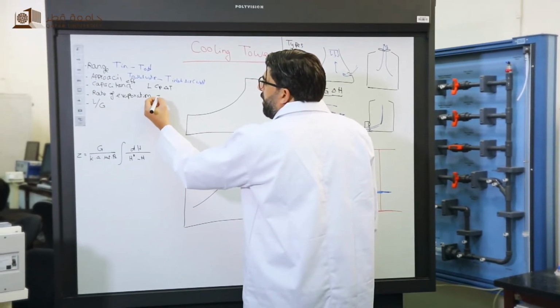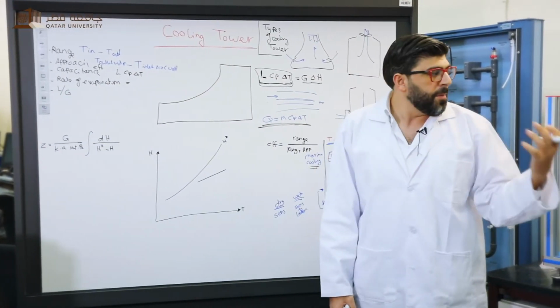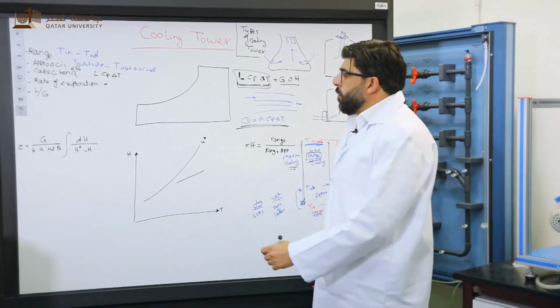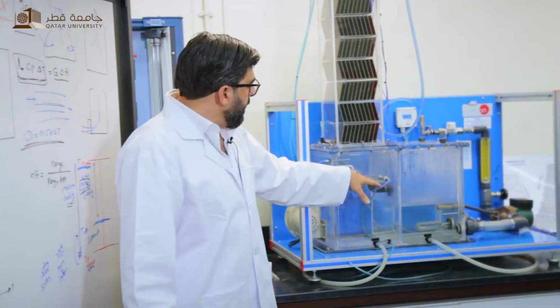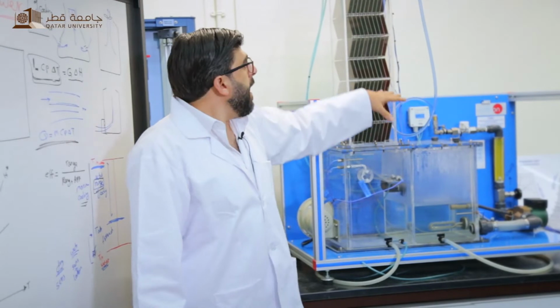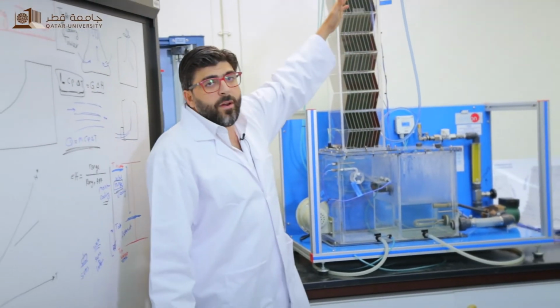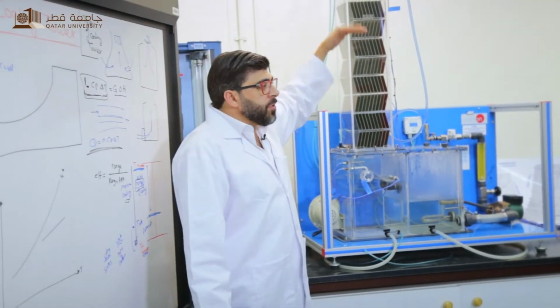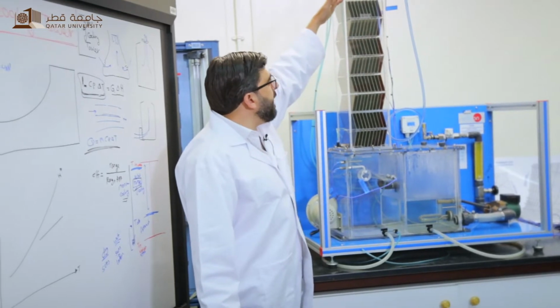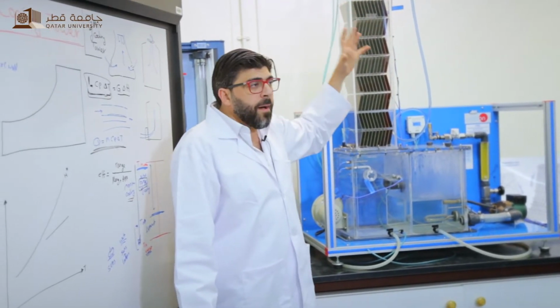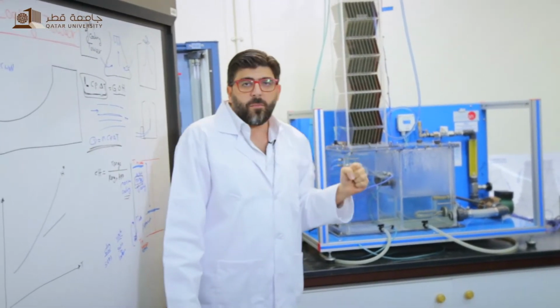So how can I determine the amount of evaporation? Air has a certain humidity, and when it exits the cooling tower, it has another humidity. If the humidity of the air increased, it represents the amount of moisture captured by the air.